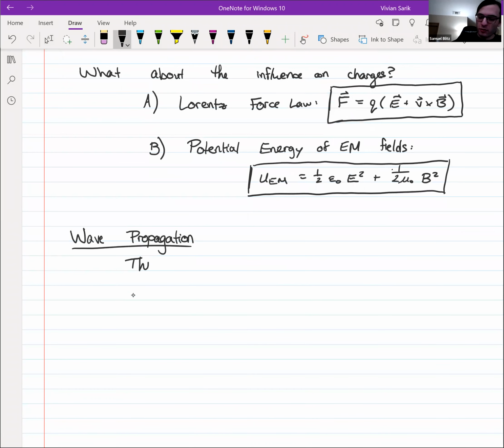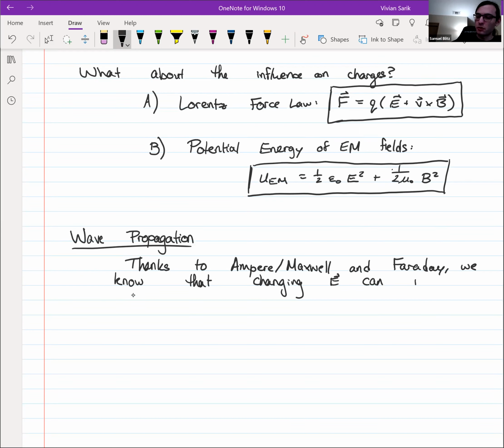So thanks to Ampere, Maxwell, and Faraday, we know that changing electric fields can induce magnetic fields, which can induce electric fields. So if you change the electric field, the magnetic field will be created.